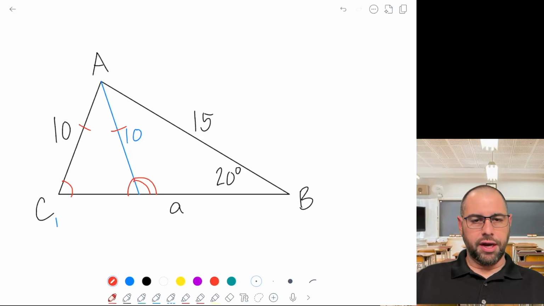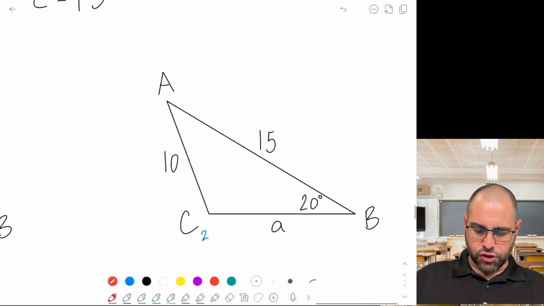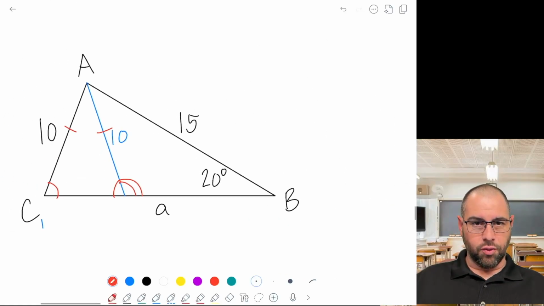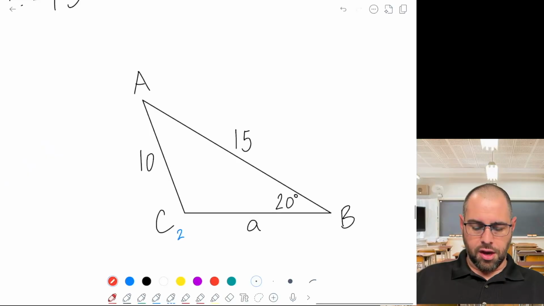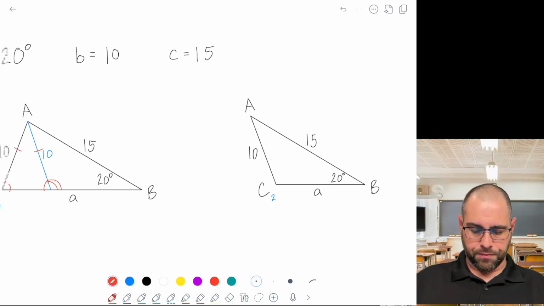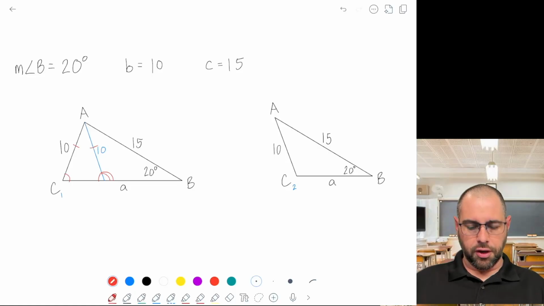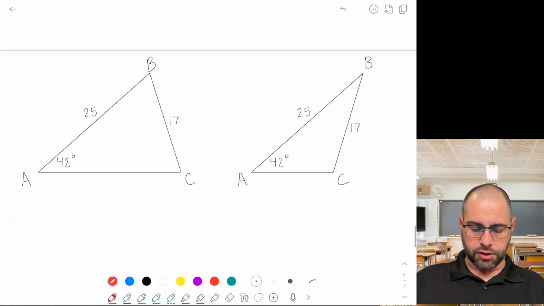Angle C1 and angle C2 are supplementary. And to create this other triangle, we're going to take whatever we find C1 to be, and subtract it from 180 to get angle C2. And you'll see how that plays out in the calculations when we do law of sines on a problem. So let's go and take a look at that.